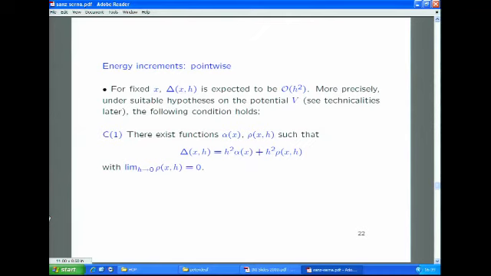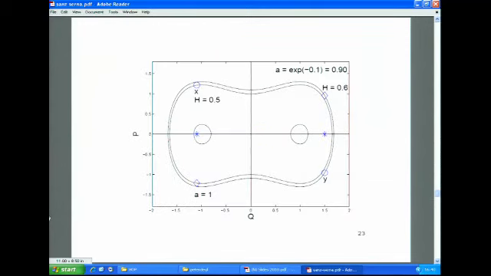So my increase in energy will be h squared times a function alpha that depends on my initial point plus higher order terms, because this rho tends to 0 as h goes to 0 for each fixed x. But I will come to this later.